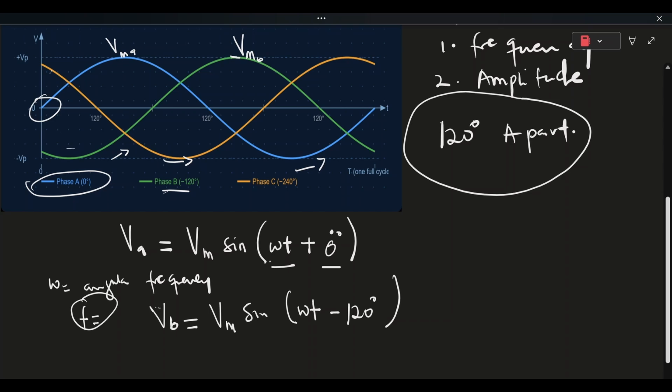So there's a decrease in the angle separated apart from the 0 degrees reference.